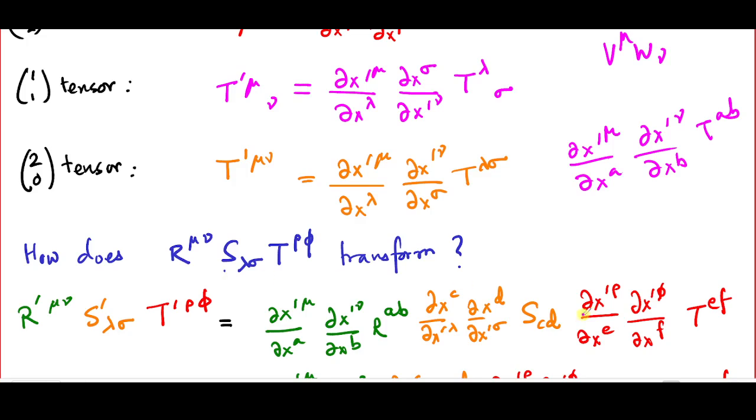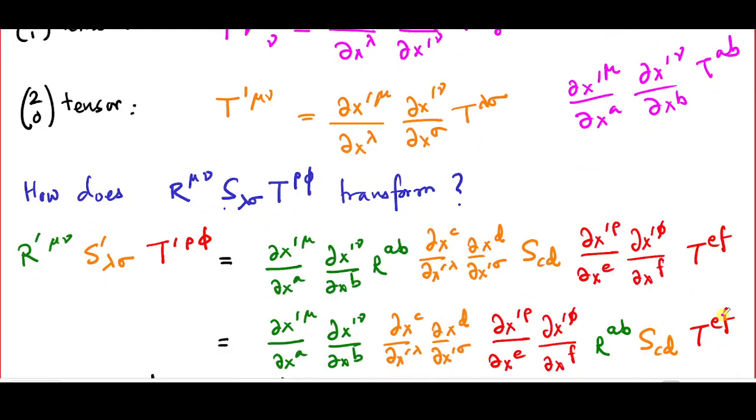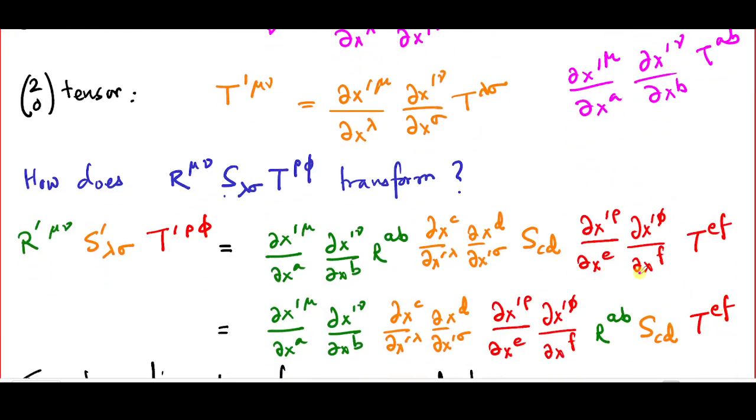Similarly, T prime rho phi will be del x prime rho del x e, del x prime phi del x f, times T_ef. And now if I move all these coefficients to the front, I see that R prime mu nu S prime lambda sigma T prime rho phi will be linear combinations of the old components R_ab, S_cd, T_ef with a single coefficient which is the product of 6 transformation factors. 2 of these are covector transformation factors, the other 4 are vector transformation factors.